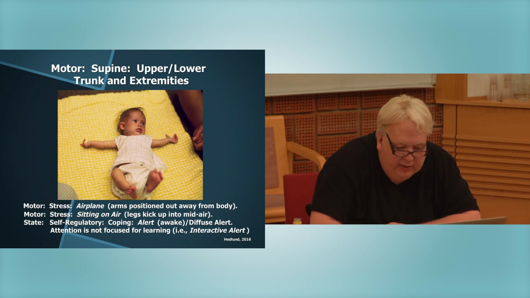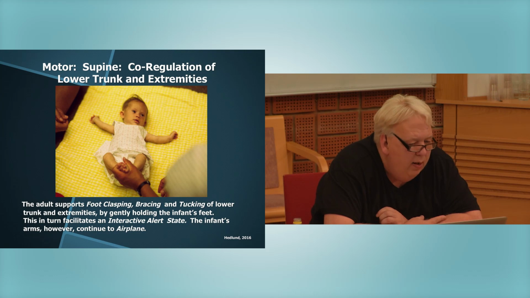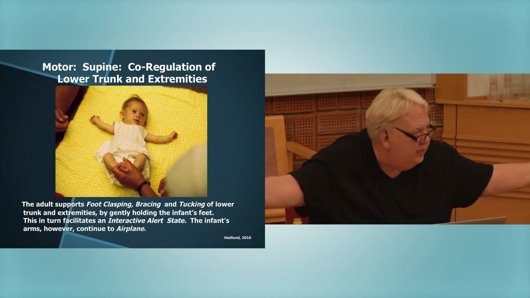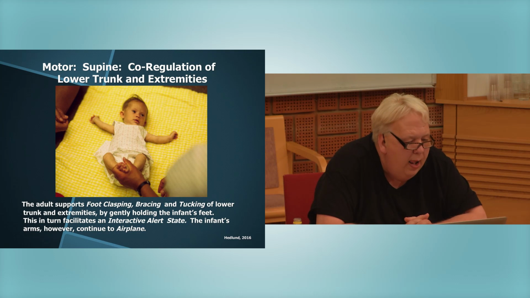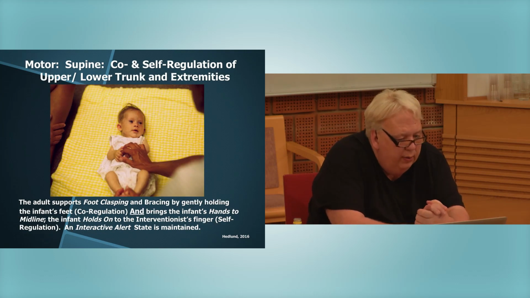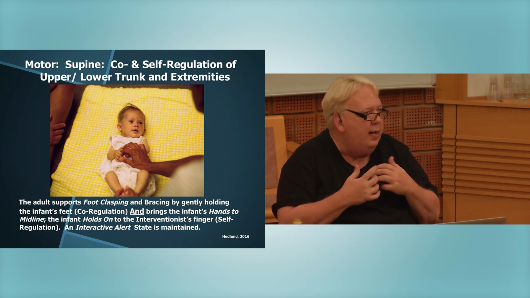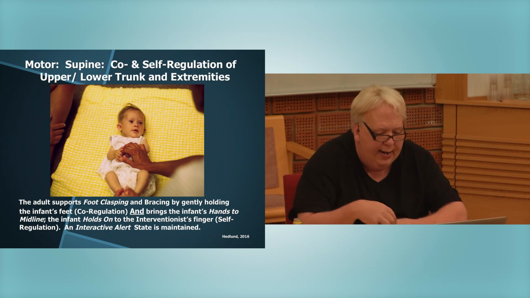So the interventionist then brings in her feet, holds them together, and flexes her lower extremities. But we still have the arms out to the side, of course. So the interventionist goes in, holds the feet together, flexes the lower extremities, and brings the arms into midline, also holding on to her own clothing or the interventionist's hands.